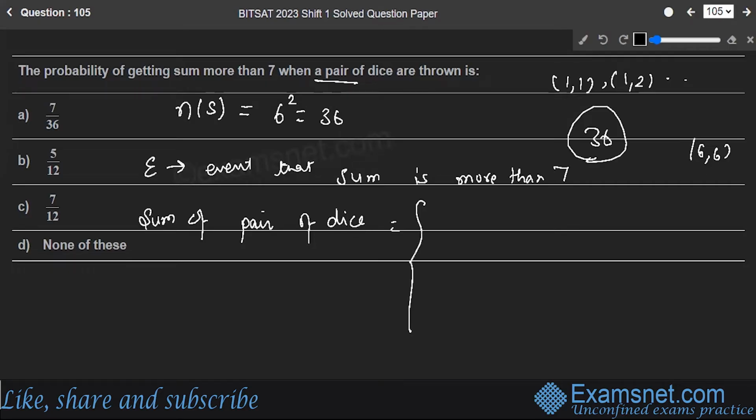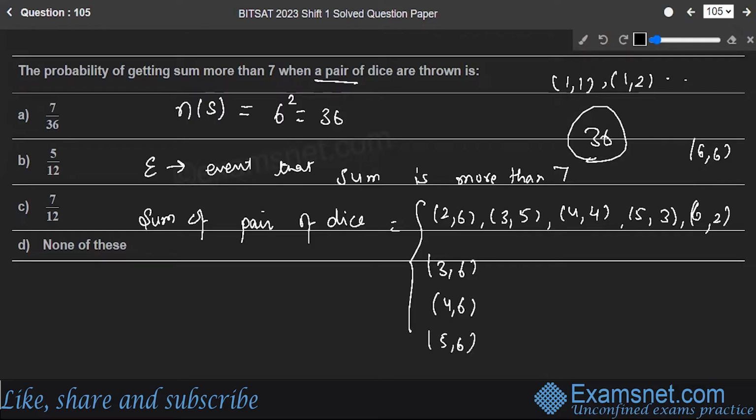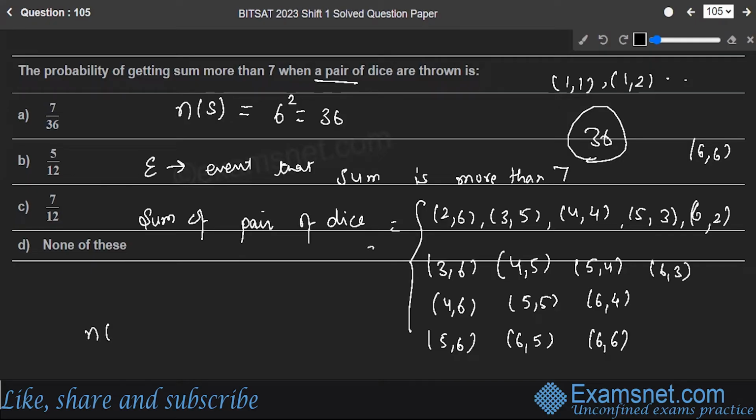See, that will give you (2,6), (3,5), (4,4), (5,3), (6,2), (3,6), (4,6), (5,6). Then you have (4,5), (5,5), (6,5). Then you have (5,4), (6,4), and (6,6). (6,3) also.